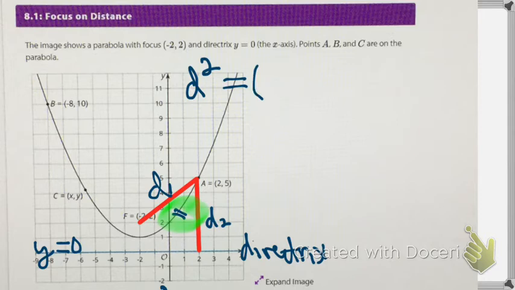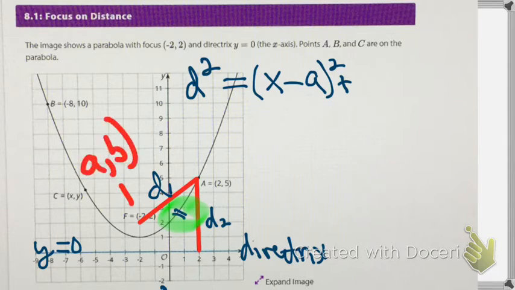And in the x category, it's x minus a squared. The reason for that is, if you look right here, this focus point uses the coordinates a and b, and we use the coordinates of the point on the parabola as x and y.